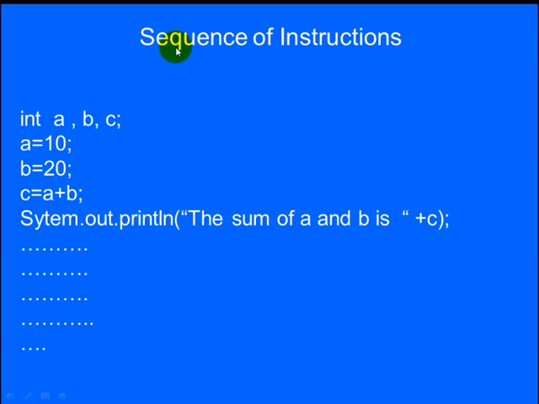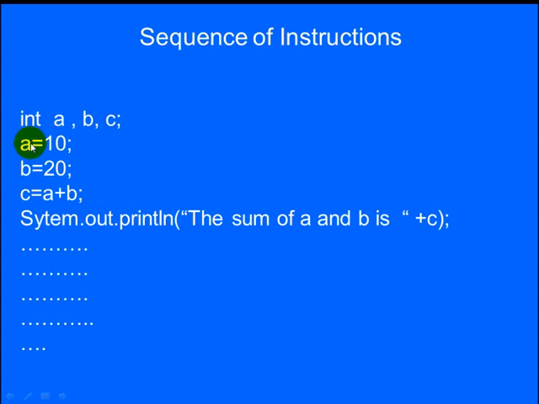Here is just an example of a sequence of instructions. We have declared three variables a, b, c of data type integer. This is the first instruction, then second, third, fourth, fifth instruction, and so on. The execution of the program will start from the very first instruction. First of all, three variables will be declared and some memory space will be assigned to them.